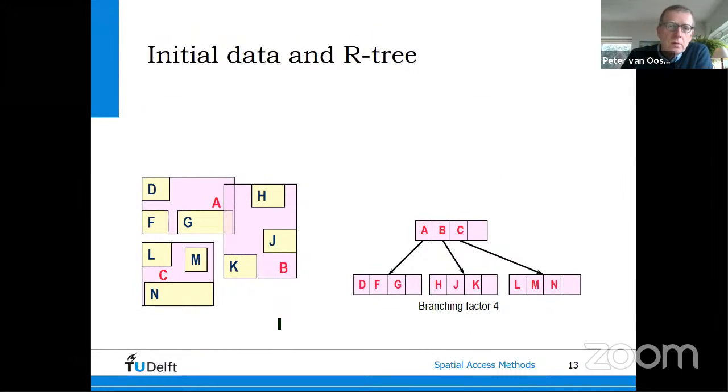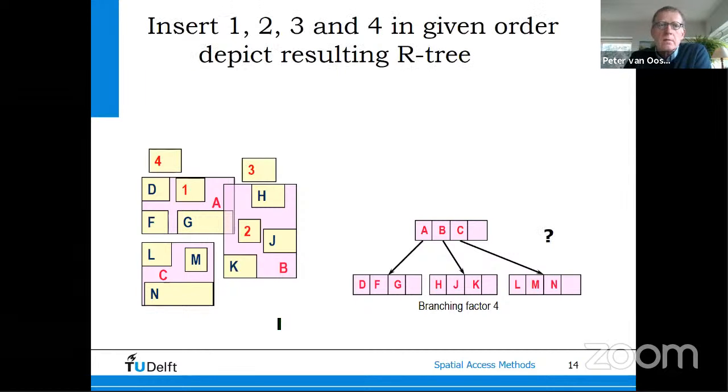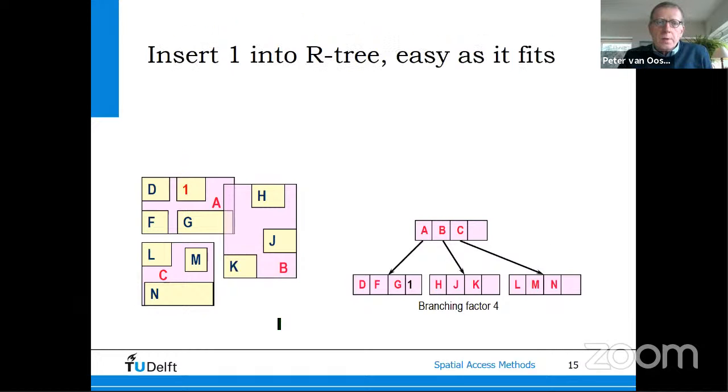So let's do a little example. This is our R-tree again. There are some top level rectangles and some lower level rectangles corresponding to objects. Let's add 4 more objects, 1, 2, 3, and 4. And where should they go into the existing R-tree? Object 1, okay, that's easy.